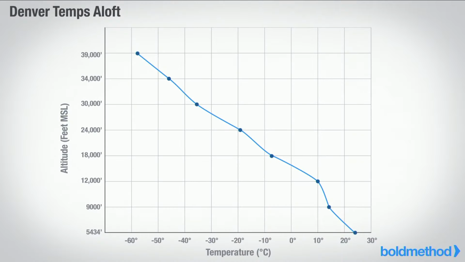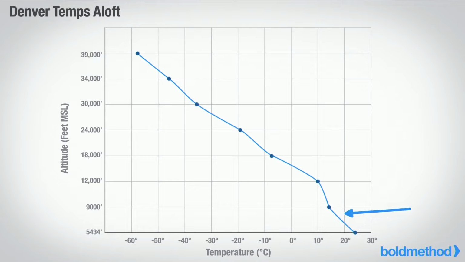You're going, but wait a second, I know that the speed of sound changes with altitude. And it does, because air temperature changes with altitude. If we go back to the iPad, this is today's temperature sounding in Denver. If you look at the ground where we start, we're about 25 degrees Celsius when we took this.